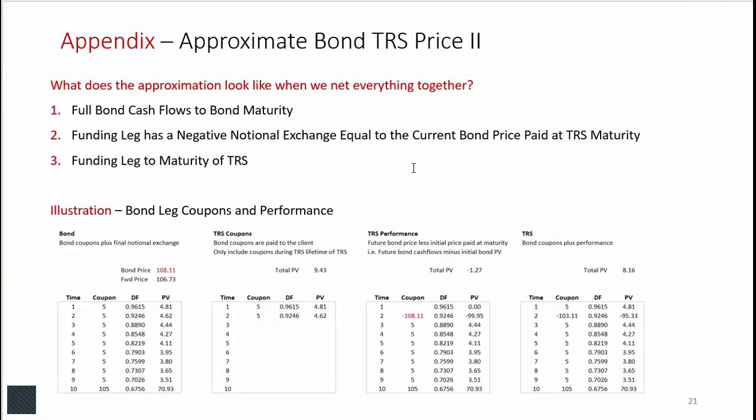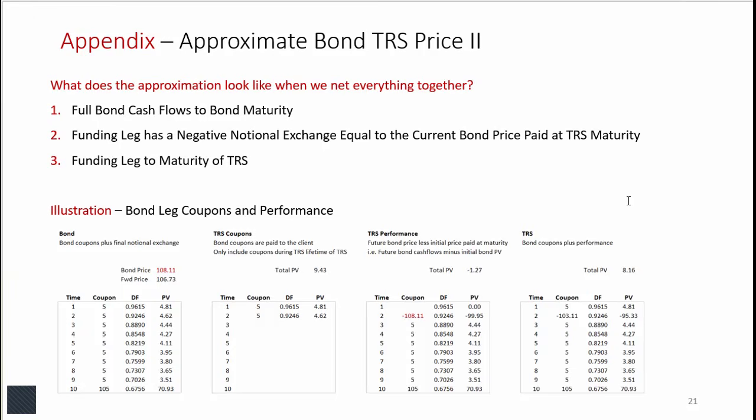You price the bond and you subtract off the fixing at the appropriate time where you're making that performance payment, and add it all up and discount it, and you'll match the price of a bond TRS for the bond leg. I think that's a very useful approximation for the bond leg of a TRS.